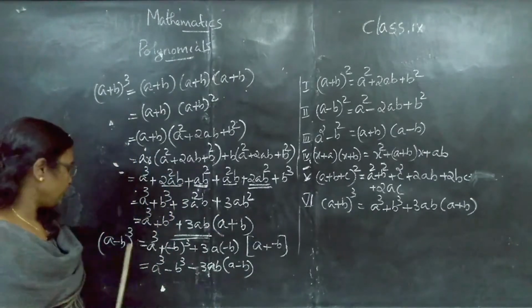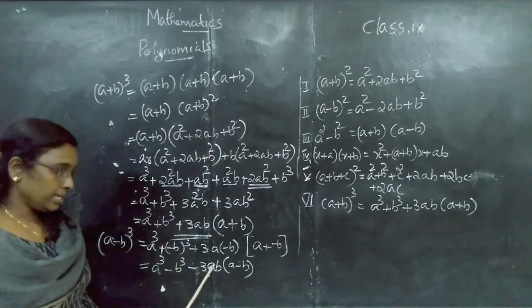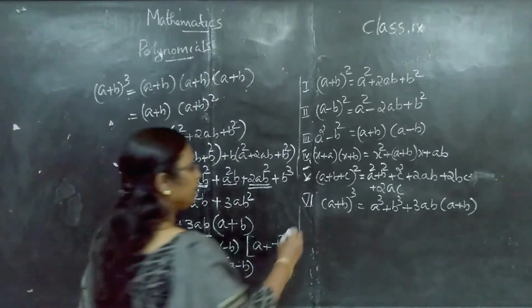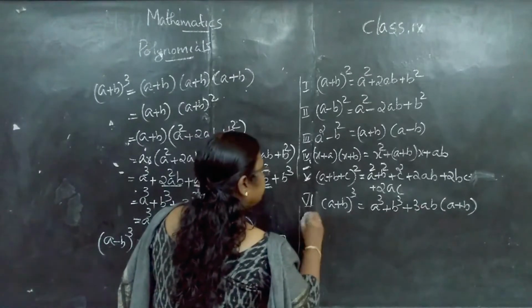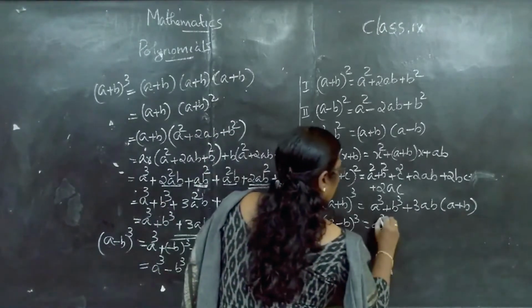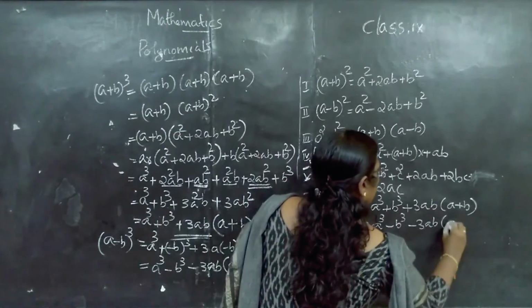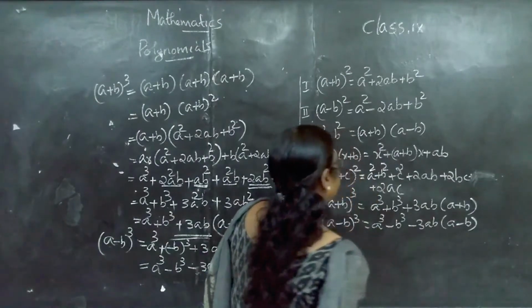This is the expansion of a minus b the whole cube: a cube minus b cube minus 3ab into a minus b. This is the next identity. A minus b the whole cube equals a cube minus b cube minus 3ab into a minus b.